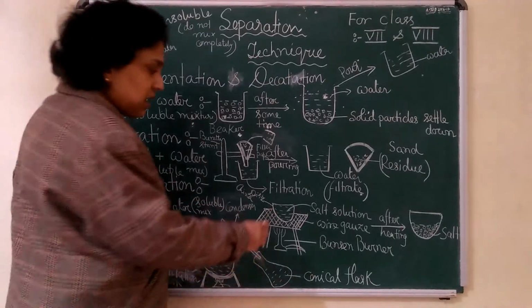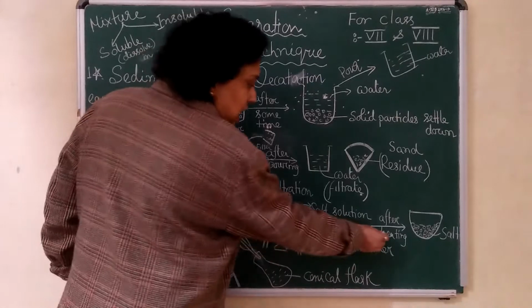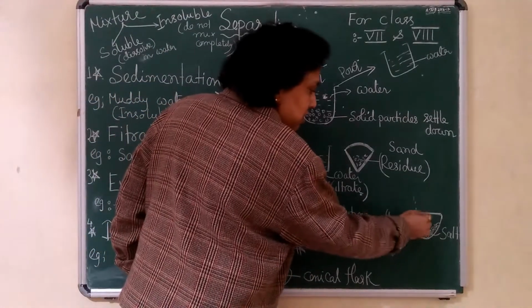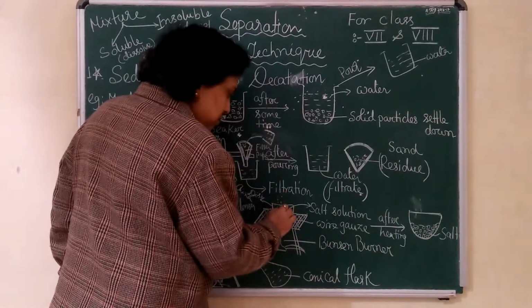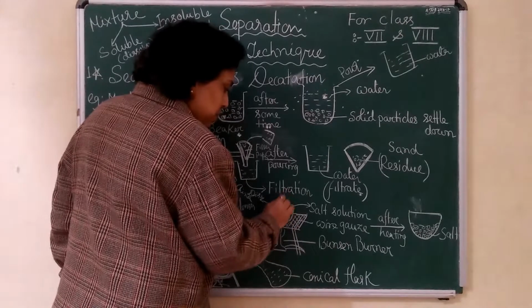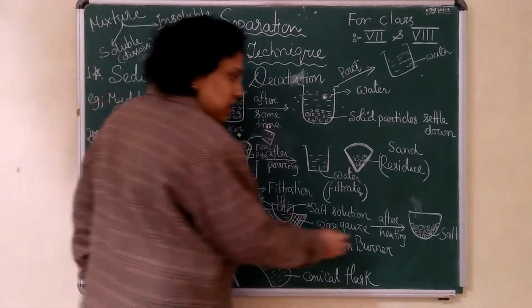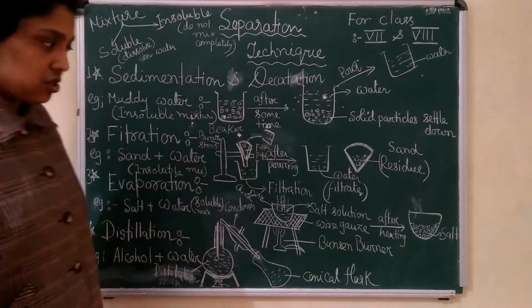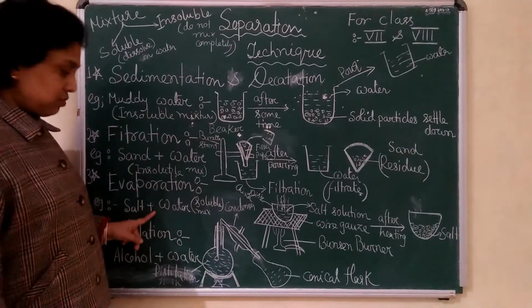So I have written here, this is a salt solution. After heating, this water will evaporate out. Sorry, don't write here. When you are heating, these are the vapors. So water is evaporating and what remains? Salt will remain in the china dish. So this is again a soluble mixture.